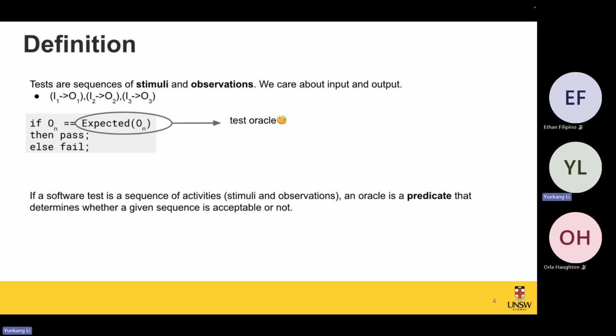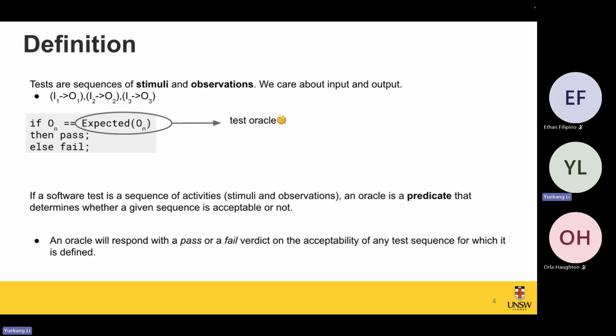So basically, a test oracle is just a predicate that can give us a verdict of whether a test passes or fails. It is just a predicate to tell whether a test is a pass or fail according to the relationship between the actual output and the expected output.